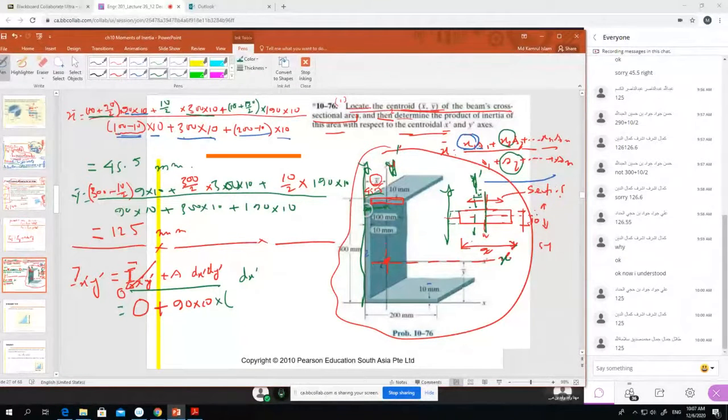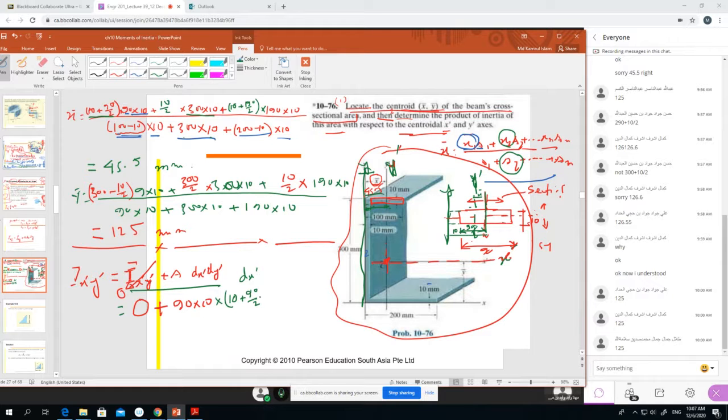From this point to here it is 10 plus 90 by 2. From the axis side up to here is 10, and to the center of the rectangle is 90 by 2. So 10 plus 90 by 2.